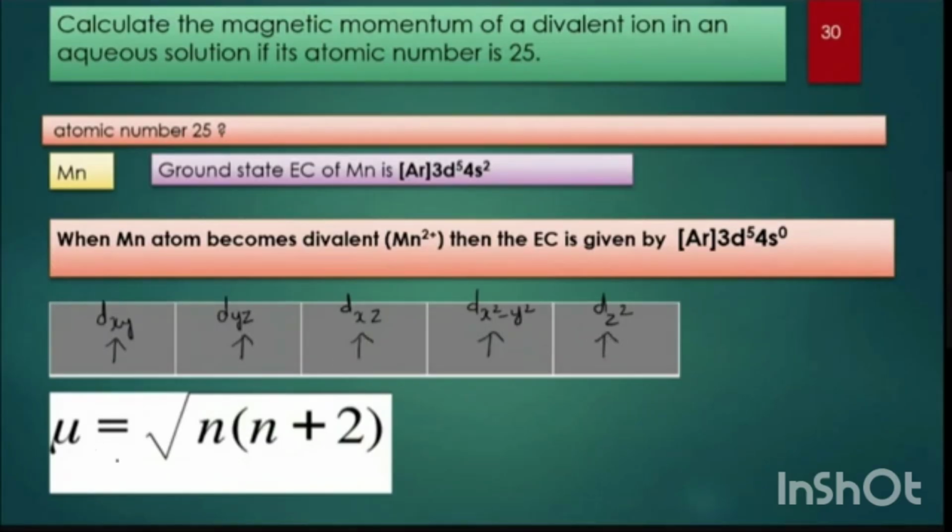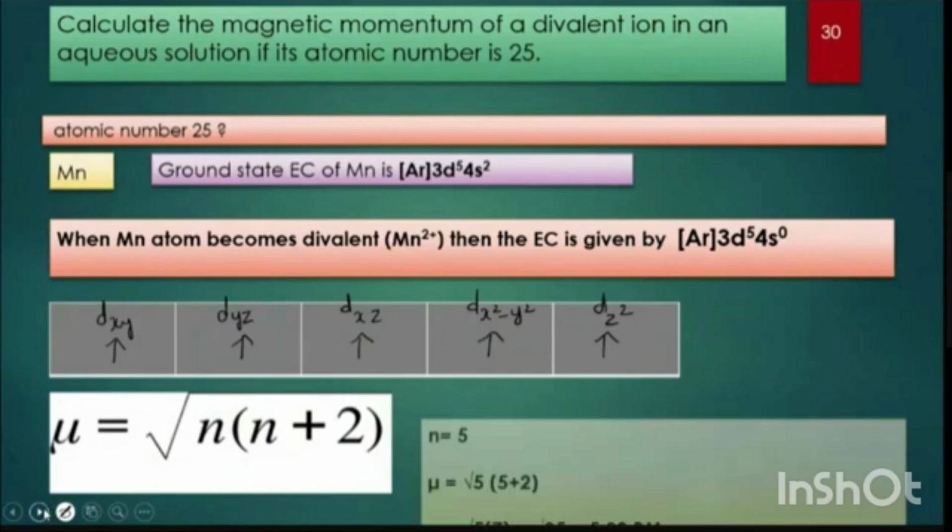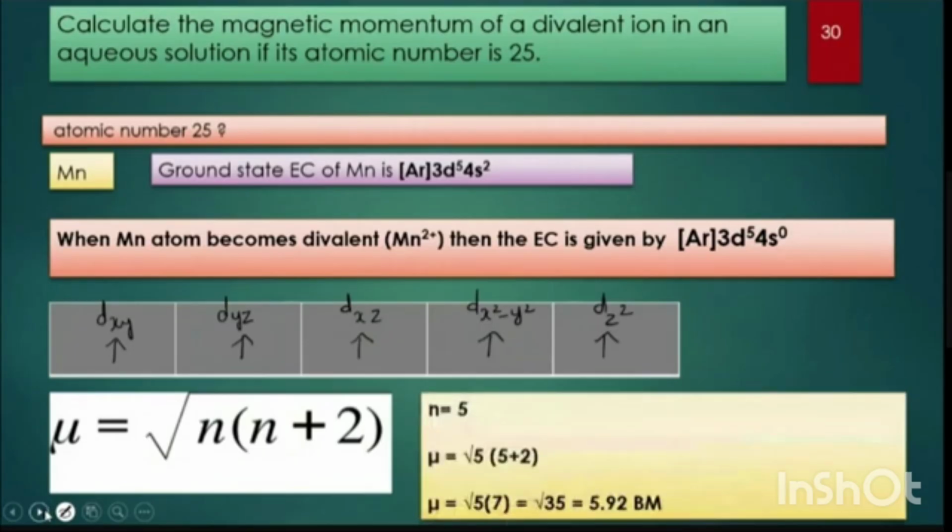So 5 electrons have been accommodated in the 5 degenerate d orbitals. What does it mean? Our n value is 5, because n refers to the number of unpaired electrons. Substitute this n value in the formula mu is equal to square root of n into n plus 2. By simplification we get the answer as 5.92 Bohr magneton.